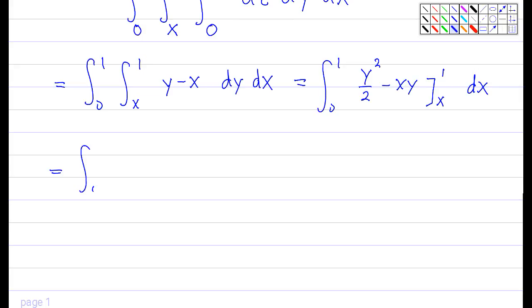I'm going to plug in 1 for y and then plug in x for y, and I'm going to subtract those two things. Here we go. 1/2 minus x minus, plugging in x now, x squared over 2 minus x squared dx.